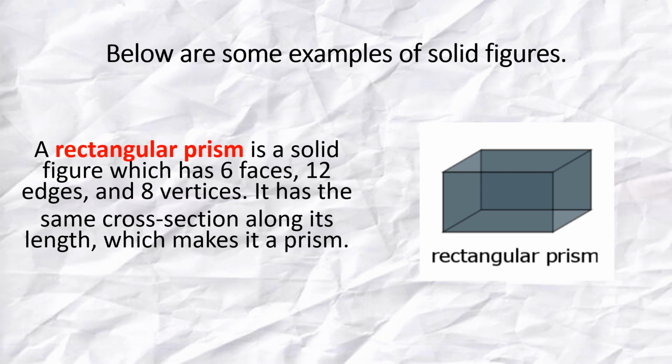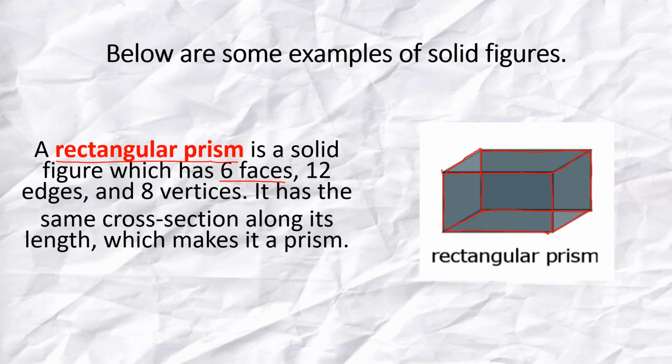The first one is a rectangular prism. It is a solid figure which has 6 faces, where all the faces are rectangles, 12 edges, and 8 vertices. So the edges here are, we have 1, 2, 3, 4, 5, 6, 7, 8, 9, 10, 11, 12.